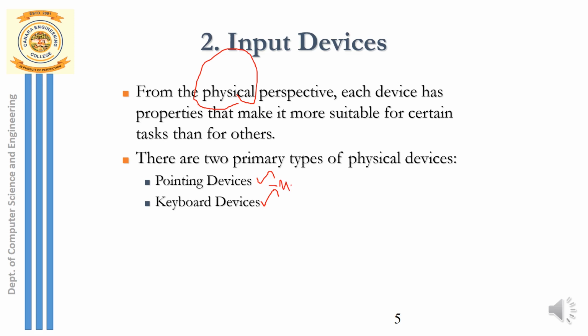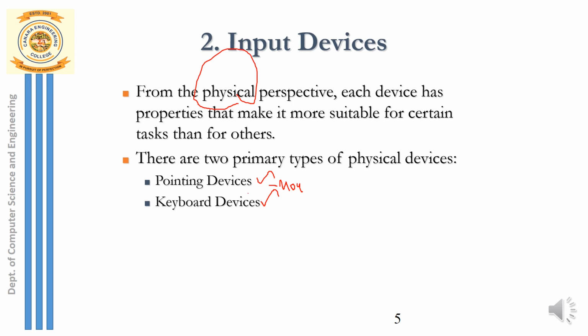Mouse is an example of a pointing device. And then the next physical device is the keyboard device, where you have the key press as an event, whereas in a pointing device clicking would be the event that is occurring. So can I call it event based?